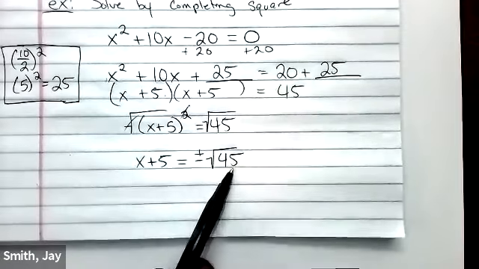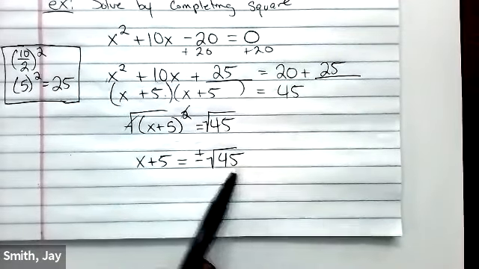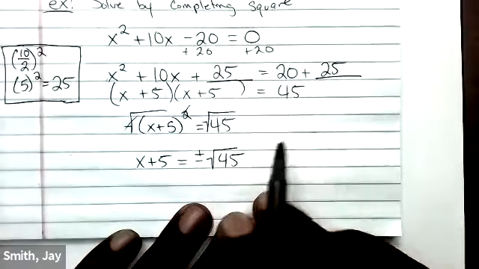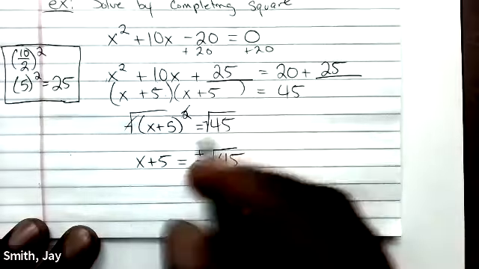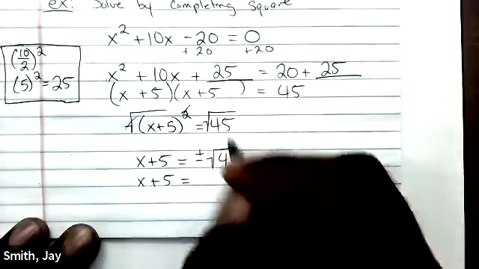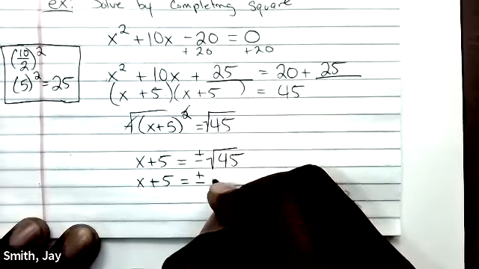Now, the square root of 45 can be broken down. We know 9 times 5 gives me 45. And of course, the square root of 9 is 3. So we can rewrite this as x plus 5 is equal to both the positive and negative 3 square roots of 5.